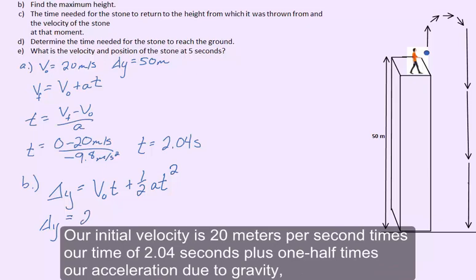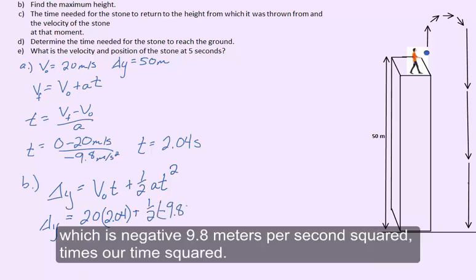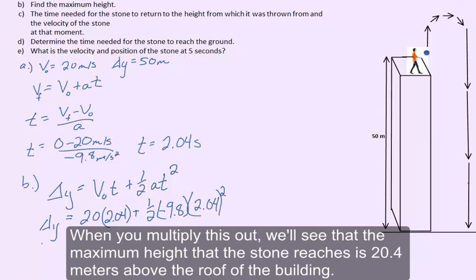Our initial velocity is 20 meters per second times our time of 2.04 seconds, plus 1/2 times our acceleration due to gravity, which is negative 9.8 meters per second squared, times our time squared. When we multiply this out, we'll see that the maximum height that the stone reaches is 20.4 meters above the roof of the building.